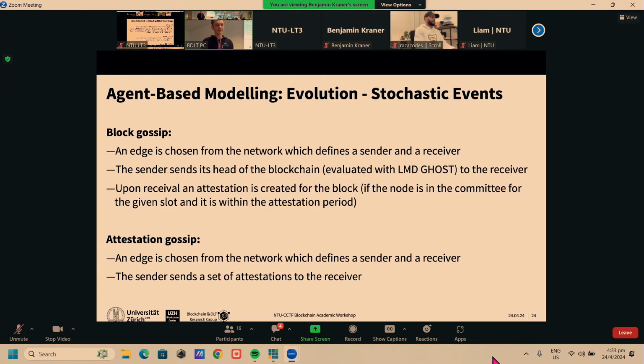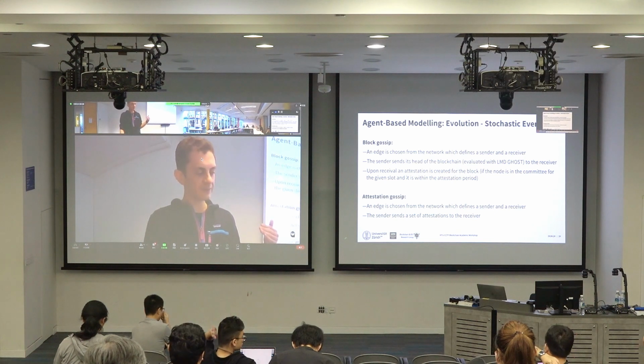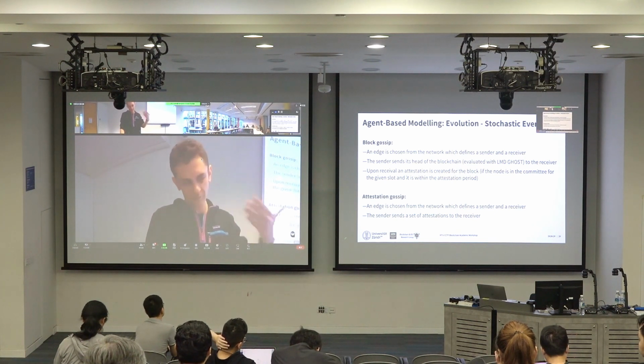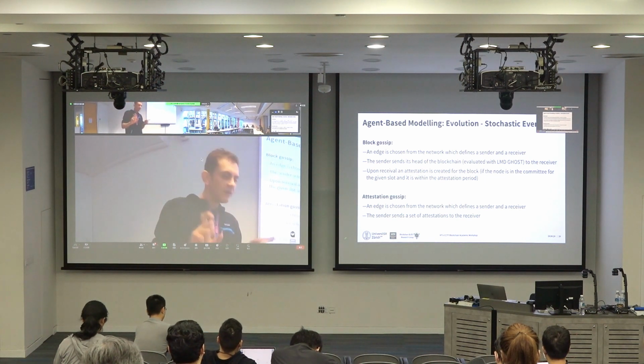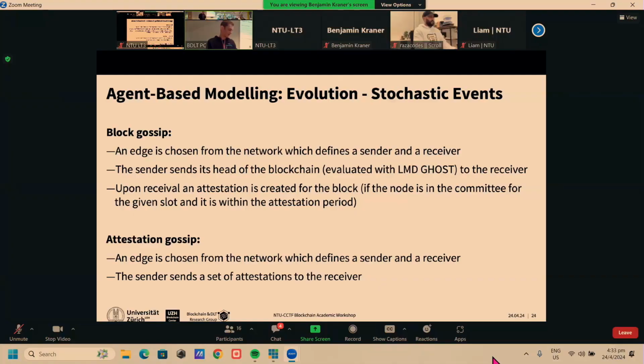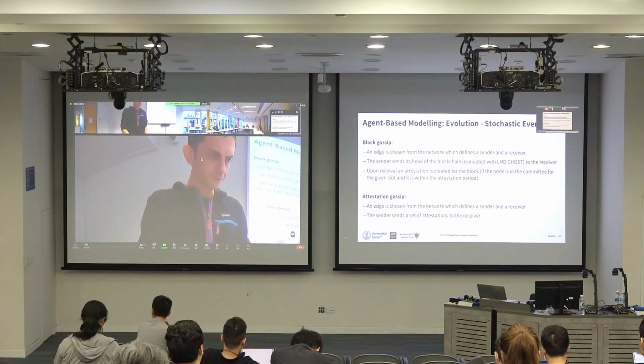The other node updates its system and checks with LMD Ghost whether it is the head of the blockchain for it as well. There are some small differences, but it then creates an attestation if it's accepted as the head of the blockchain. Finally, the attestation gossip is exactly the same thing, but in this case we don't need to evaluate it with LMD Ghost; we're just sending the information about the attestations to another node. Then they update this set.